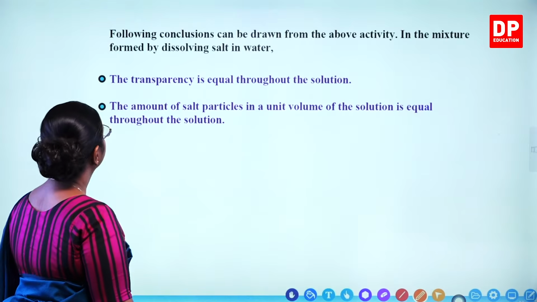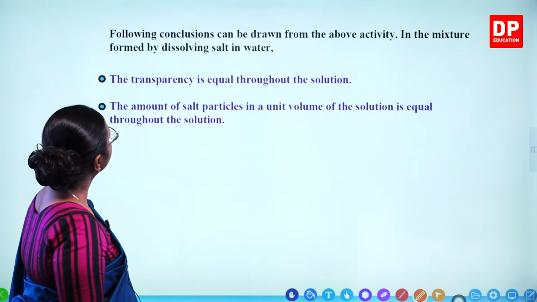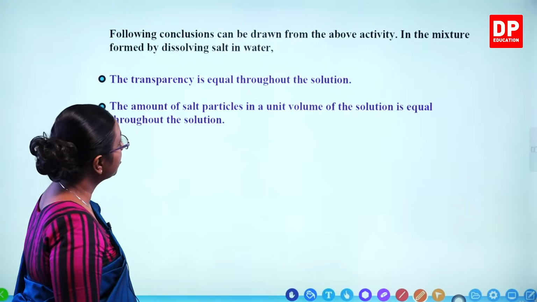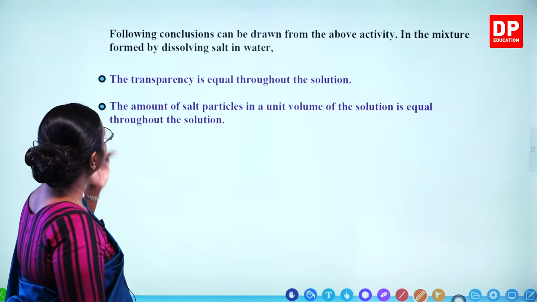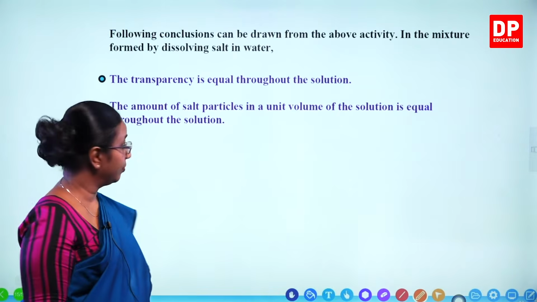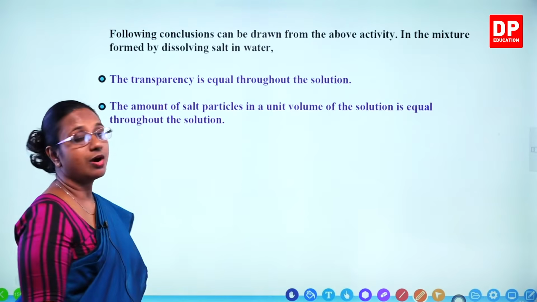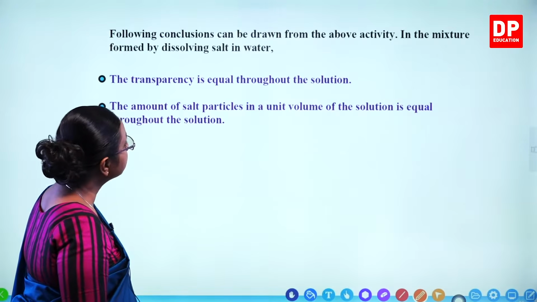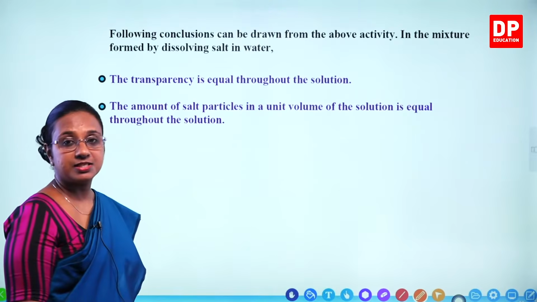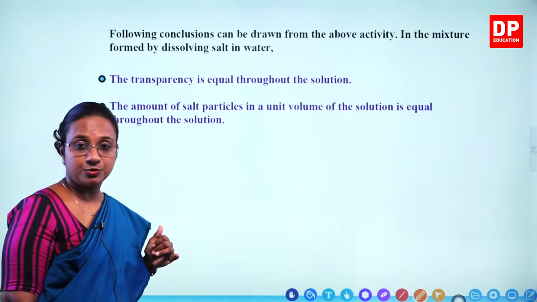Let us look at the conclusions again. Following conclusions can be drawn from the above activity. In the mixture formed by dissolving salt in water, the transparency is equal throughout the solution. The amount of salt particles in a unit volume of the solution is equal throughout the solution.